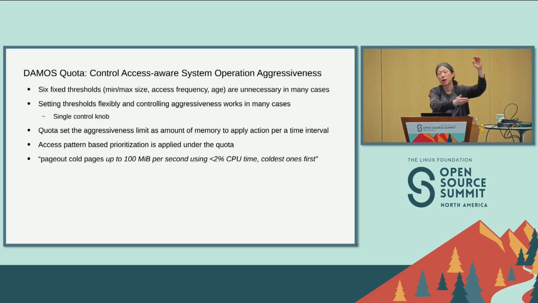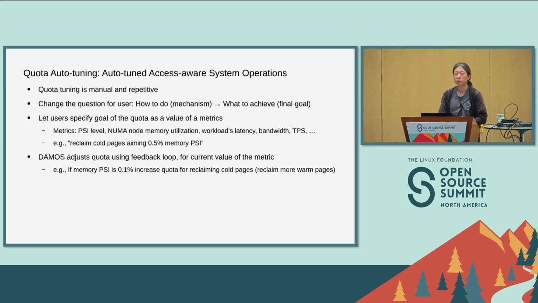For example, if we found 2 gigabytes of cold memory based on the access pattern that you just specified, and if the quota is 1 gigabyte, then DAMOS will page out only 1 gigabyte of the coldest pages. And therefore, this can work in a common case, in our opinion.